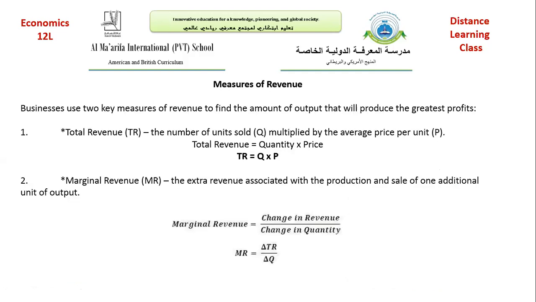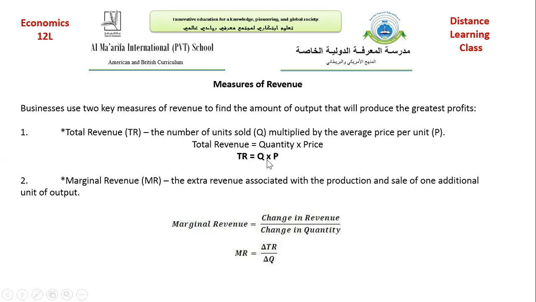Measures of revenue, how we can find revenues. Businesses use two key measures of revenue to find the amount of output that will produce the greatest profit. Total revenue, later we will refer to it as TR, is the number of units sold, quantity, multiplied by the average price per unit, P. Total revenue equals quantity times price.